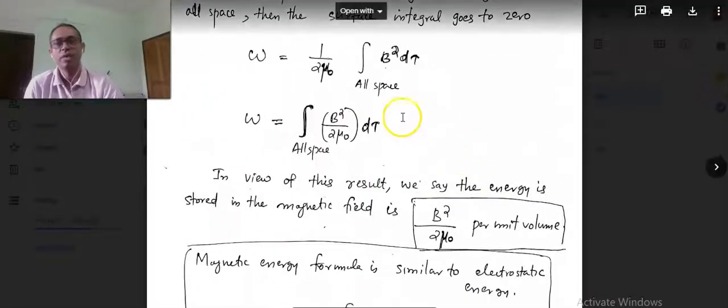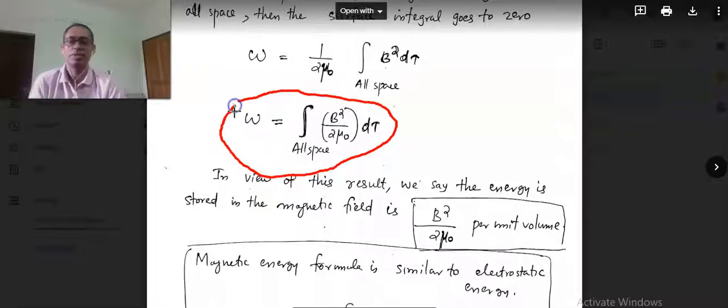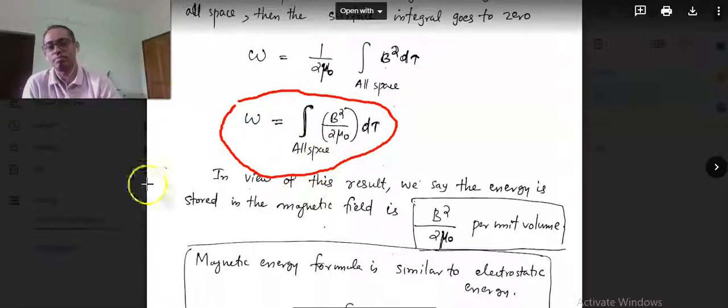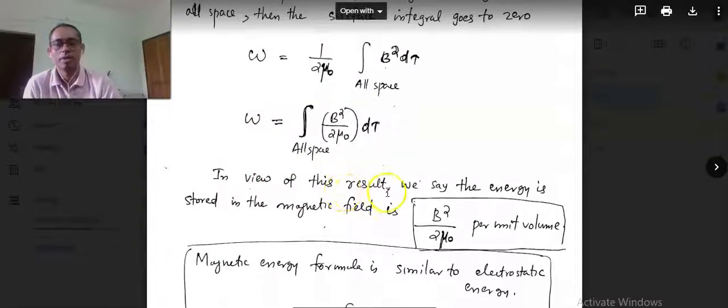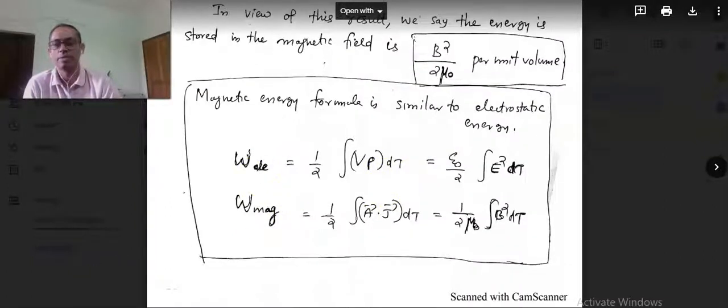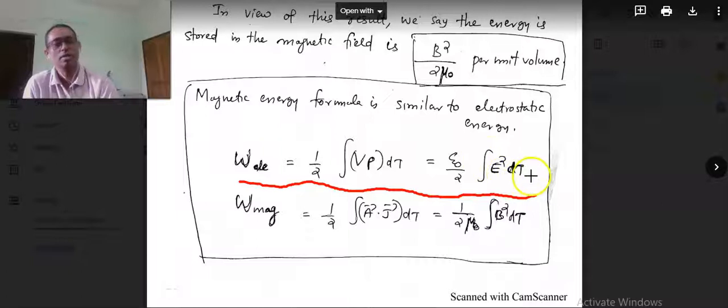Now we can compare the equation that we got here with the equation for electrostatic energy that we studied in the last lesson. As we compare, you will see that for the electrostatic case, the energy stored is given by epsilon 0 by 2 integral E square d tau.